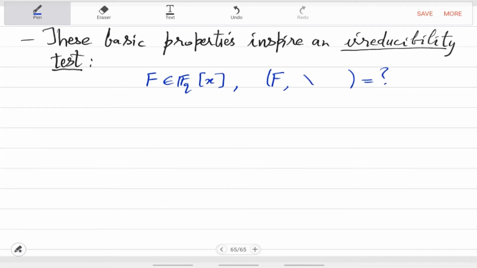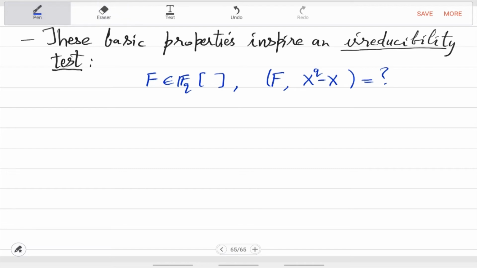If big F has a root A, then it will satisfy A to the q minus A, right? So you should take the GCD with x to the q minus x, right?